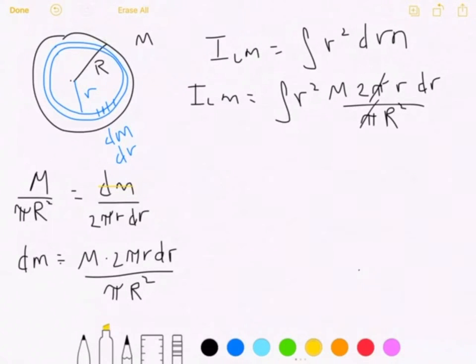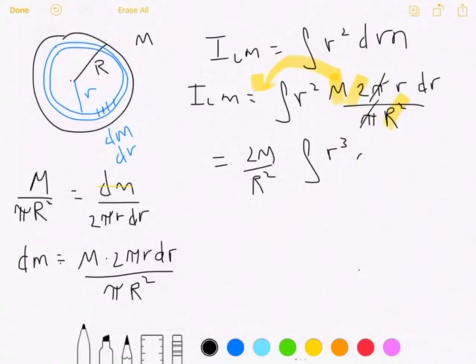We know that M and R squared and this 2 are all technically constant, so we can bring them out in front of the integral sign. So simplify, we'll get 2M over R squared times the integral of r squared times r, which is really r cubed, dr, from 0 to big R. So 0, our center of our circle, all the way to the maximum radius of our whole disk. So those will be our bounds of integration.